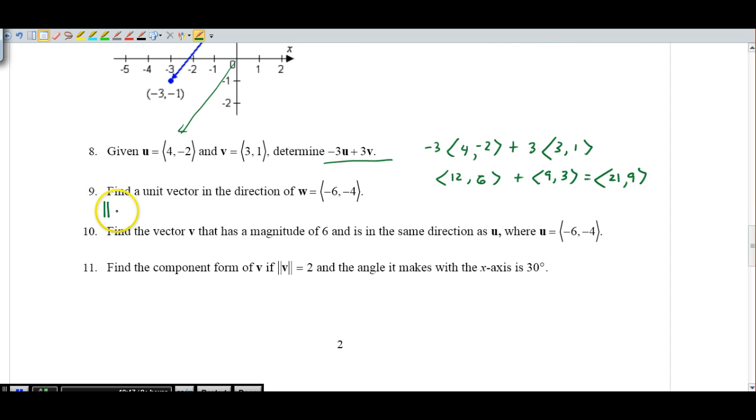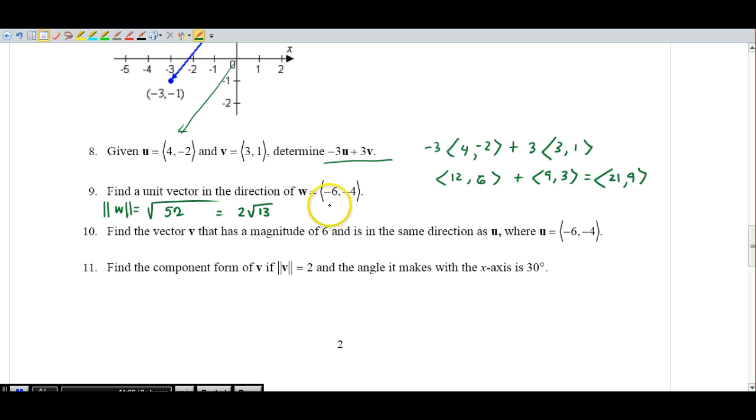We need to find W's magnitude, and the magnitude of W is the square root of 36 plus 16. So it's the square root of 52. Now the square root of 52 is simplified to 13 times 4, so it's 2 times the square root of 13.